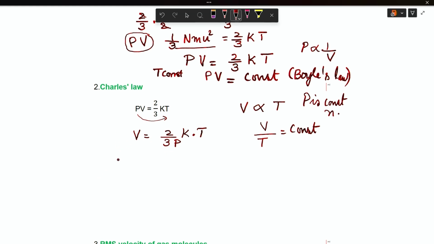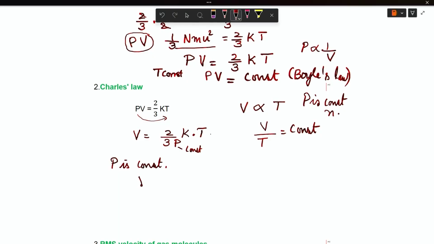Now, the condition for Charles' law is that pressure is constant. Once the pressure is constant, 2 by 3 is already a constant, P is constant, K is constant. The only variable here is the temperature.